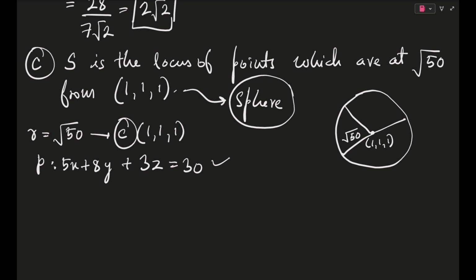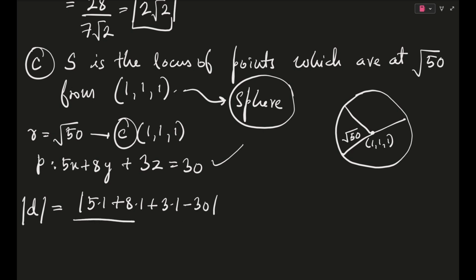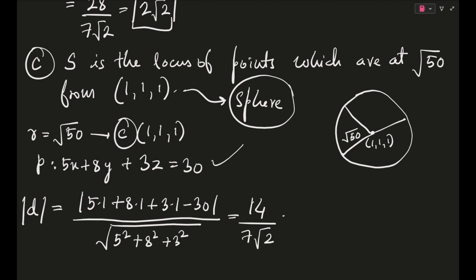So if we want to find out the distance of this point from the plane P, and depict that maybe as small d, then your small d will become 5 into 1 plus 8 into 1 plus 3 into 1 minus 30, and this thing obviously is whole divided by root under 5 square plus 8 square plus 3 square. I hope you know this formula guys, right? So if you evaluate this, this will actually come out to be 14 by 7 root 2. So basically this will be root 2.